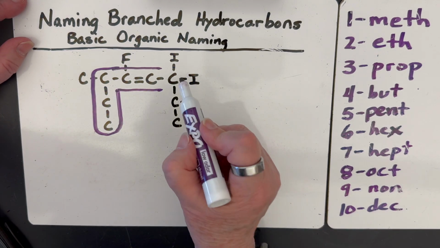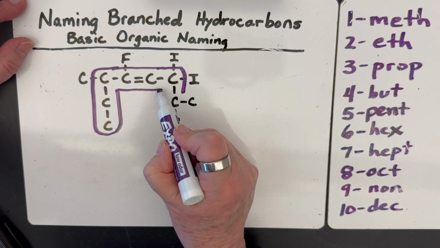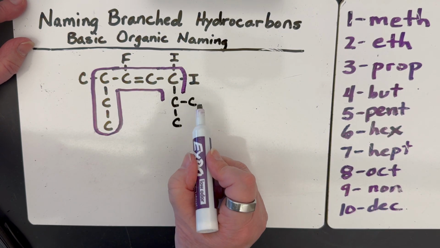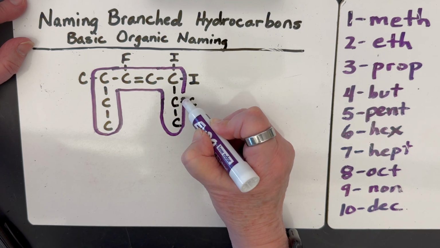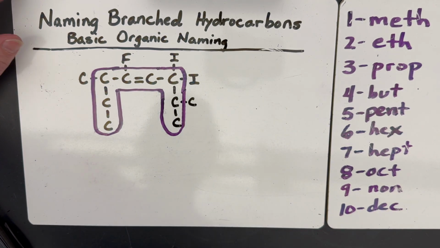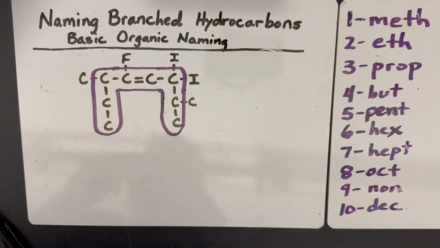Now we're going to look at this one. This is part of our parent chain. We're going to go down, we're going to turn, and we can either go to the right or go straight. It does not matter, because either way you just have 1 carbon. And now we have 1, 2, 3, 4, 5 side groups to name.